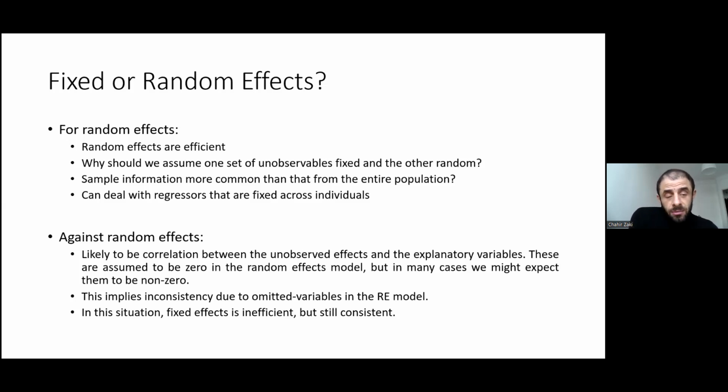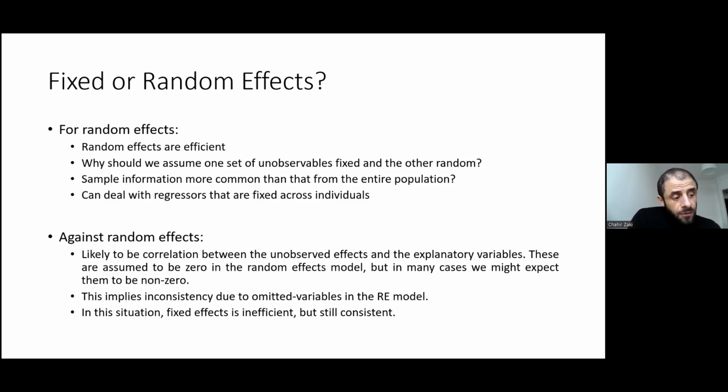Against the random effect, it's actually a very strong assumption to assume that the unobservables are not correlated with the regressors, because in reality they might be correlated, and in most cases they are correlated.